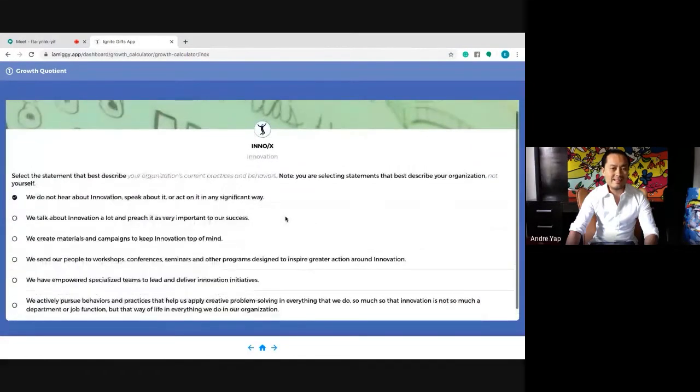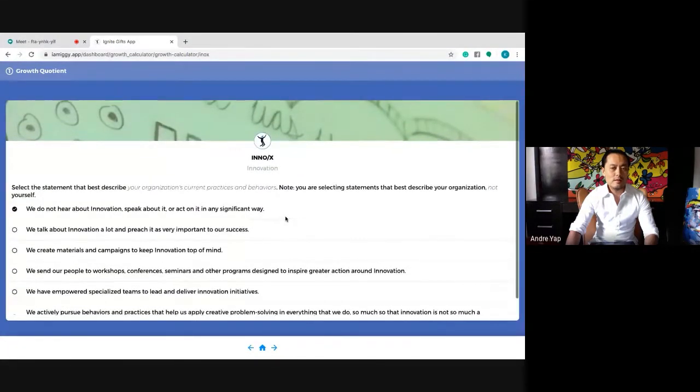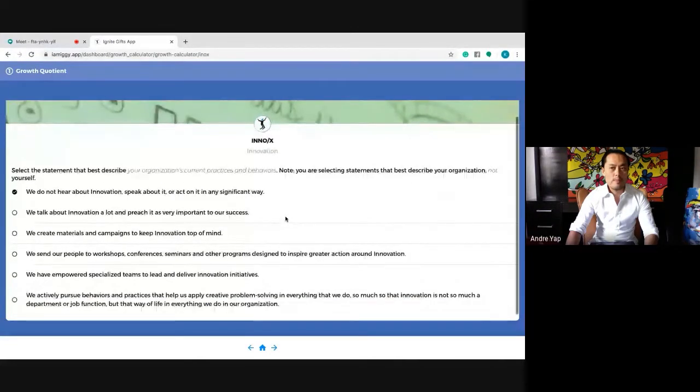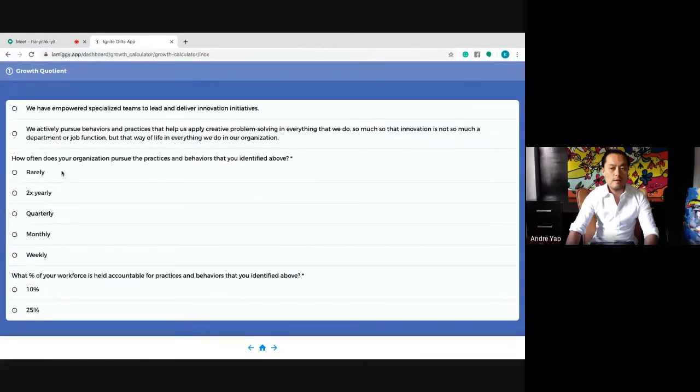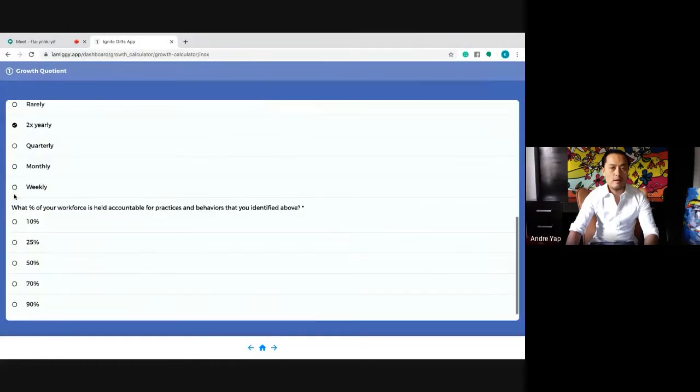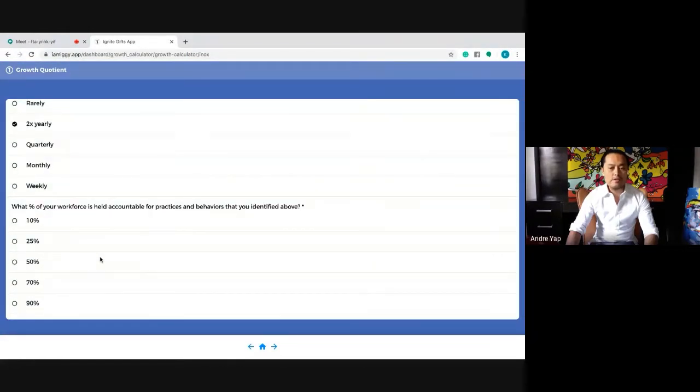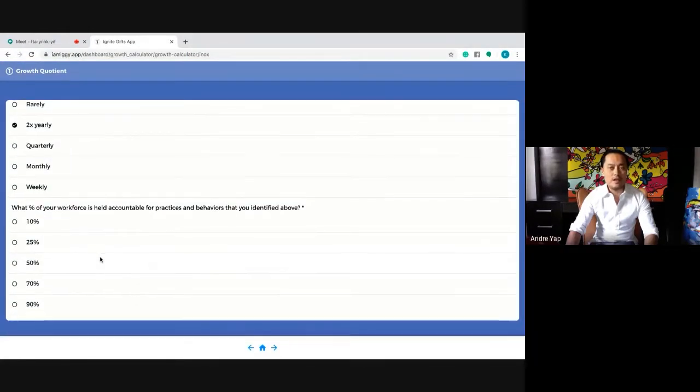We click next, and so on and so forth. If for any reason you are stuck at any page, all you have to do is refresh your browser.